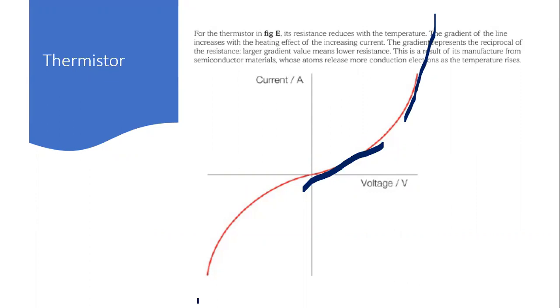An increase in light intensity causes a decrease in resistance. A decrease in light intensity causes an increase in resistance. The graph for an LDR is similar to this. The shape of the graph for both a thermistor and an LDR is going to be the same.